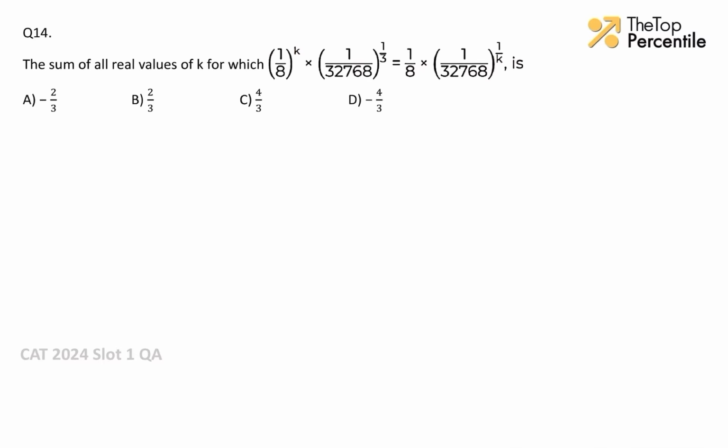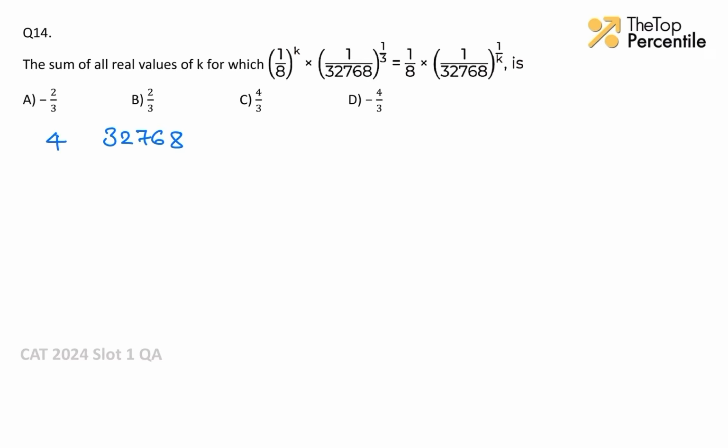The sum of all real values of k for which 1 by 8 power k multiplied by 1 by 32768 power 1 by 3 is equal to the RHS value. Okay, so all I need to do first is to get a good value for 32768, some simplified value.